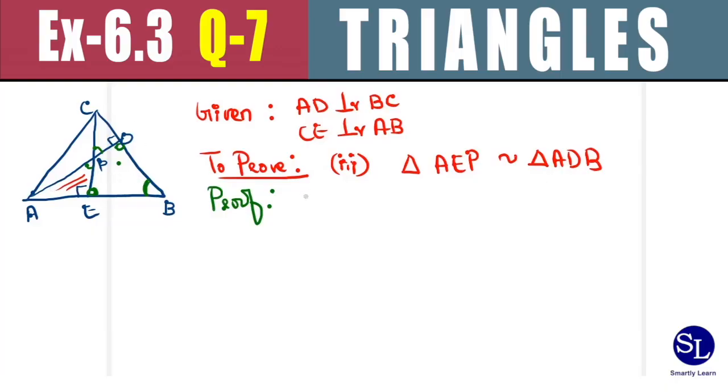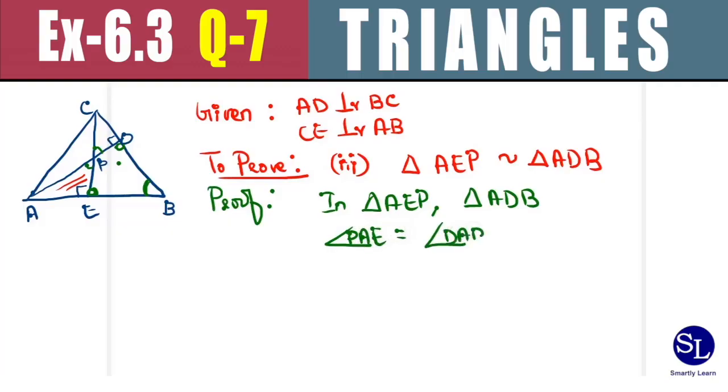So let's now see, in triangle AEP and triangle ADB, what do we know? Angle A is common. So I can write this as angle PAE is equal to angle DAB. We are referring both times to this angle, which is nothing but the common angle in both triangles. So let's note the reason there.